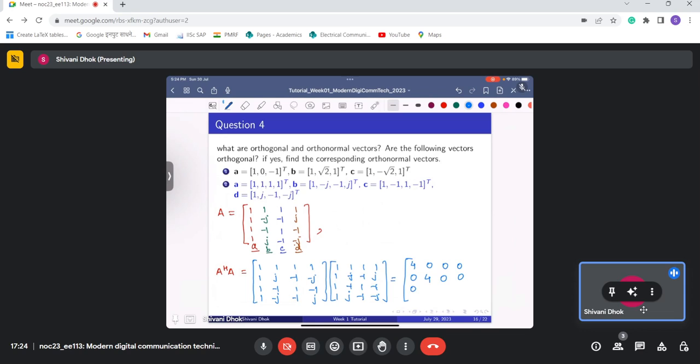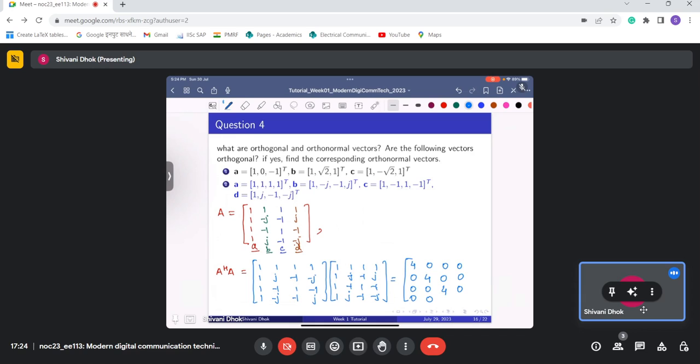Then we have here 1 plus j minus 1 minus j, it is 0. Then this thing reduces to 4 and this term is 0 again. Now this 1 minus j minus 1 plus j, this reduces to 0. Then the second thing is 1 minus 1 plus 1 minus 1 plus 1 plus 1, which is 0.